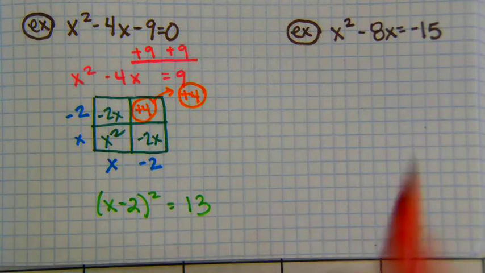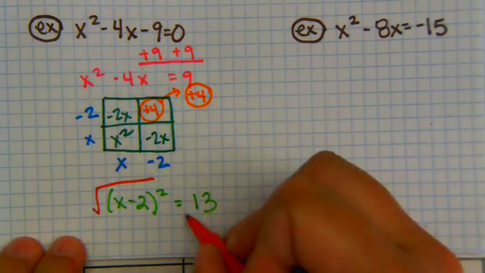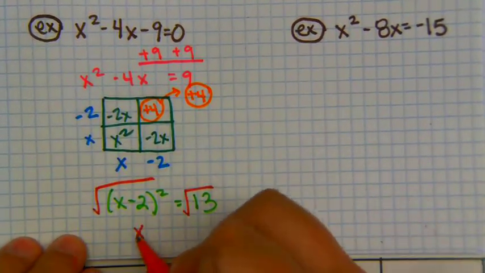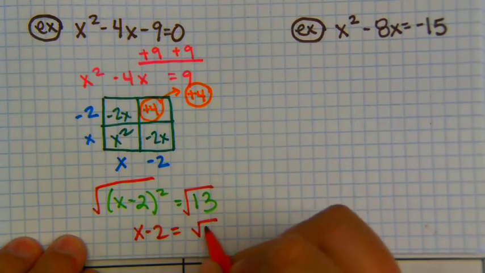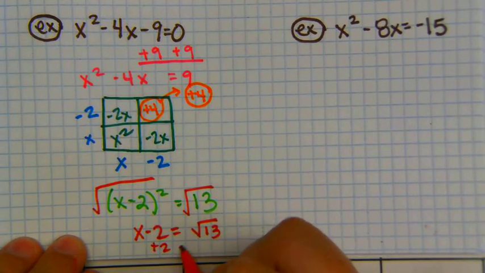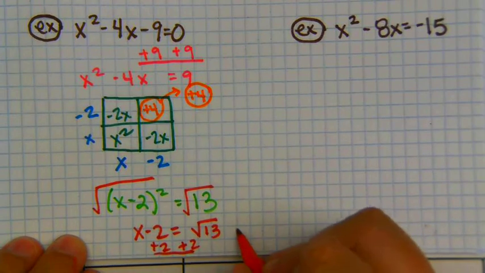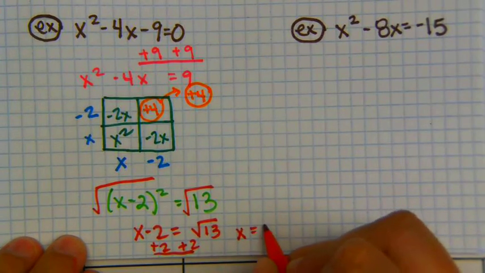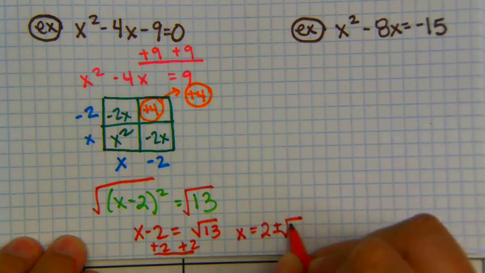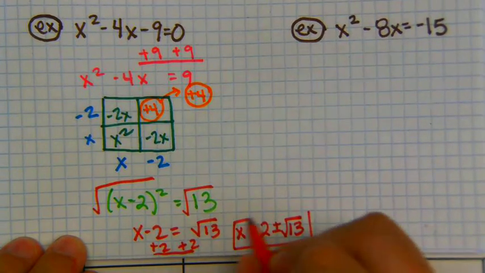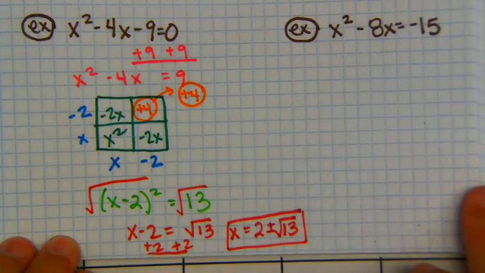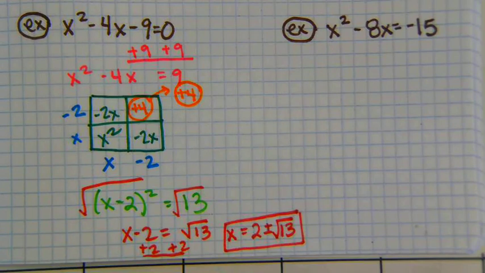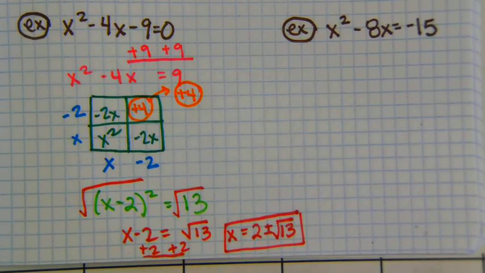We solve by square rooting. So that'll be x minus 2 equals plus or minus the square root of 13. When we add 2, our answer will be x equals 2 plus or minus the square root of 13. And you just leave it like that.